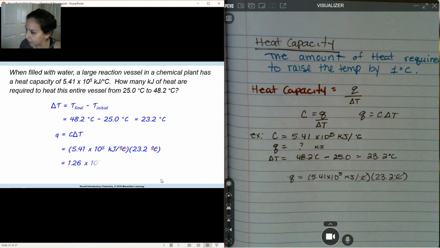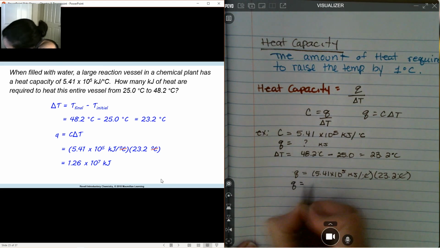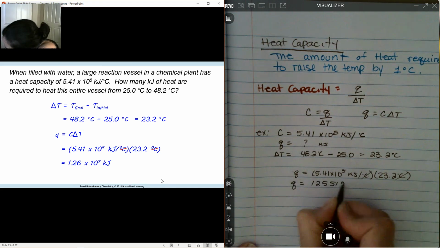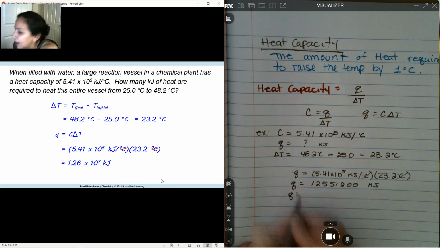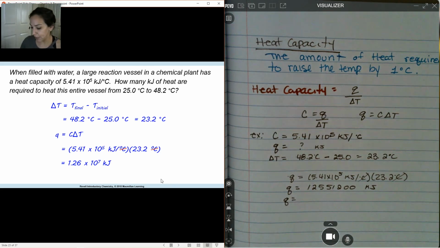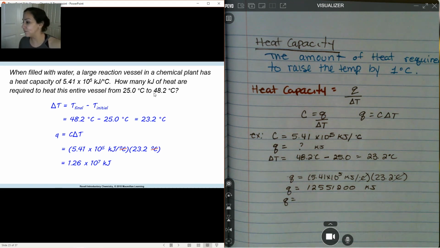We're going to multiply them together in my calculator, times 23.2. All right, and I get this ginormous number. However, we all know we don't leave our answers that way. We have to convert them into scientific notation and into the correct number of significant figures, which in this case is 3 significant figures.